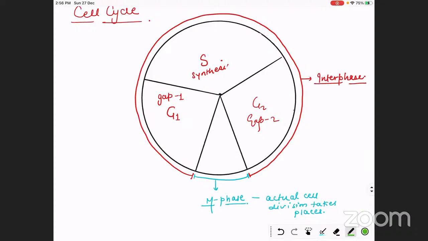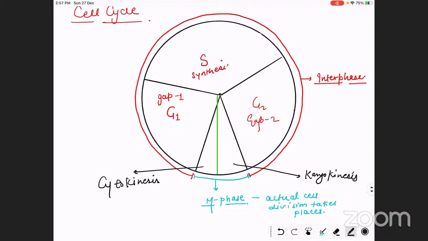Now the M phase is divided into two phases. One is the karyokinesis and one is the cytokinesis. So first, this one is the karyokinesis. This one is the cytokinesis.